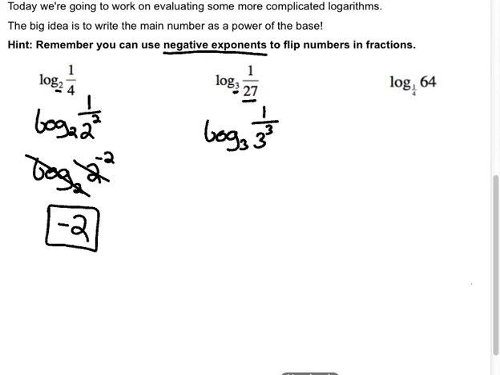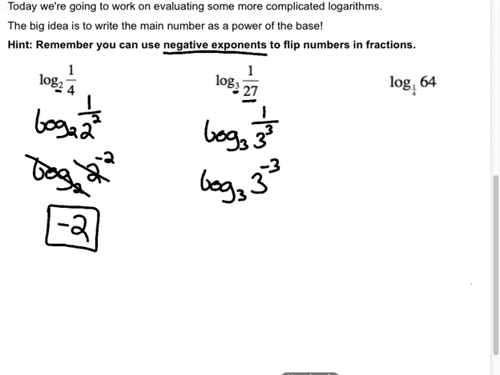But again, notice now there's an issue, right? The base of the logarithm is just 3. I have this fraction now, okay? And the good news is, I can manipulate that. That 3 to the third that's on the bottom of that fraction, remember, I can move it up if I make its exponent negative.